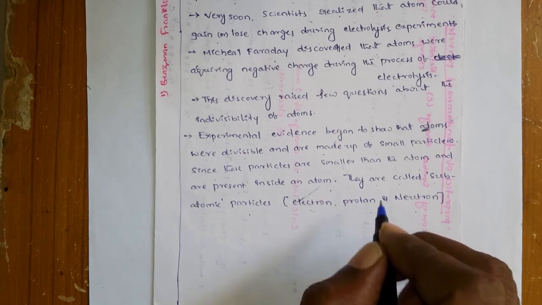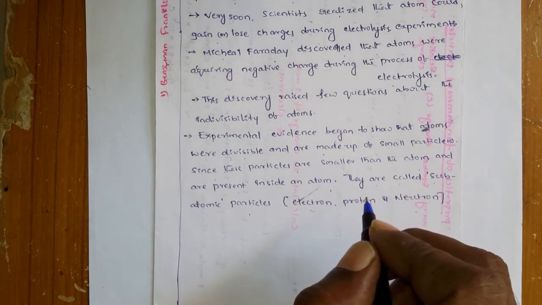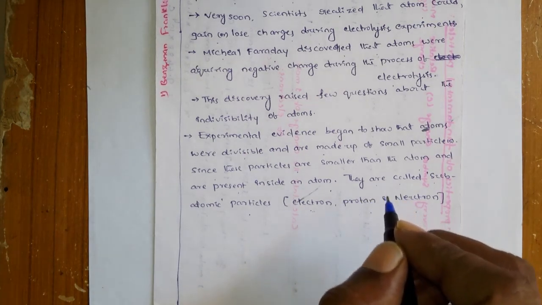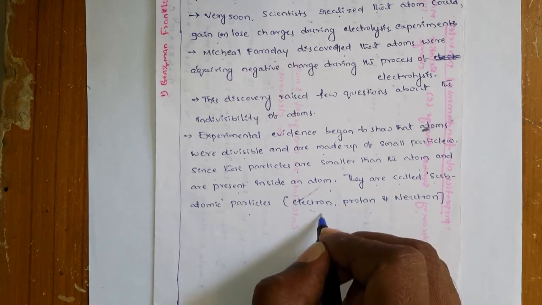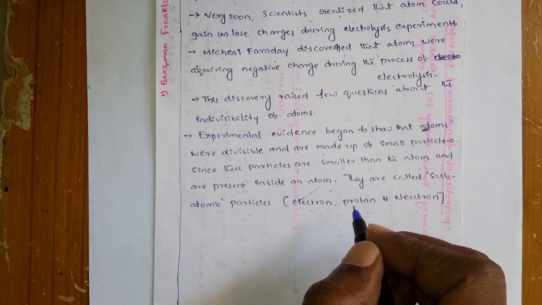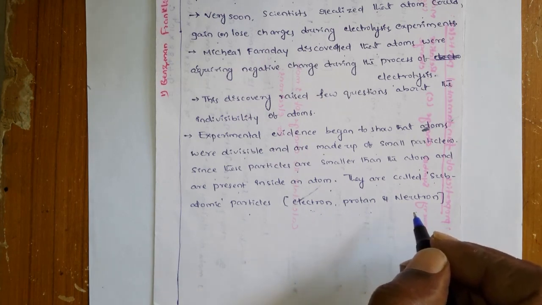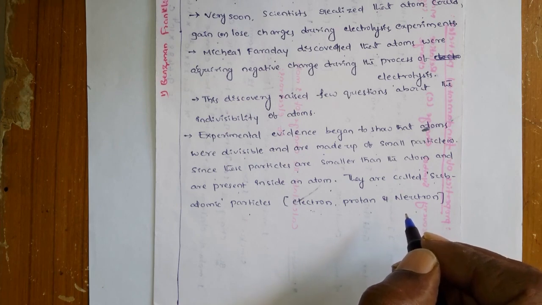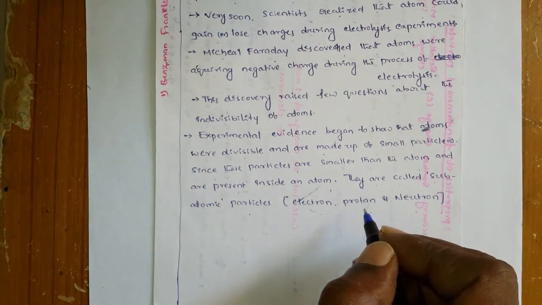Okay, and up to now, even up to the 21st century, these are the achievements. Maybe in the 22nd or 23rd century, in the future, you people may discover something, the electron again can be divisible, a proton can again be divisible, because that depends on the technology.